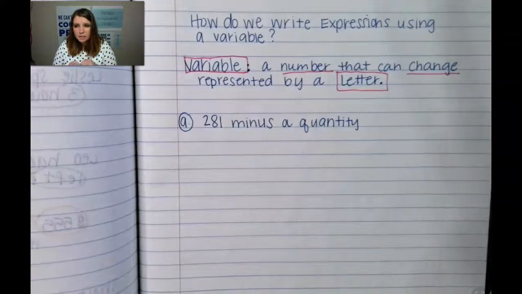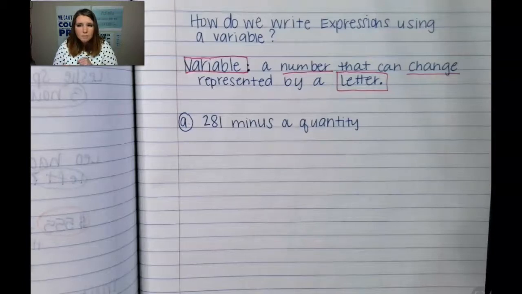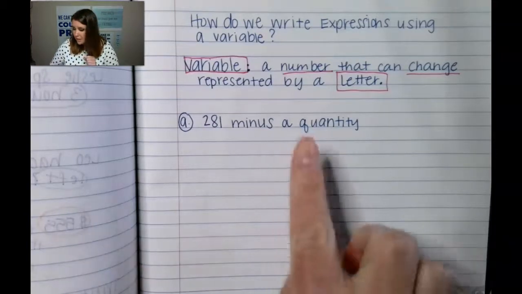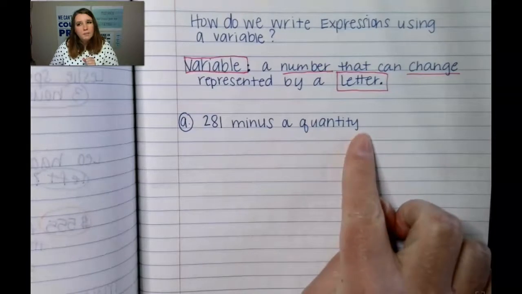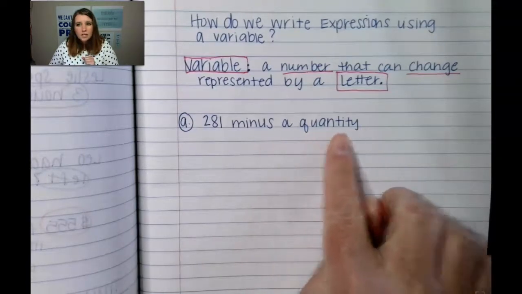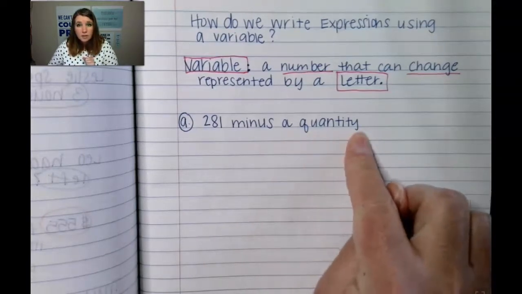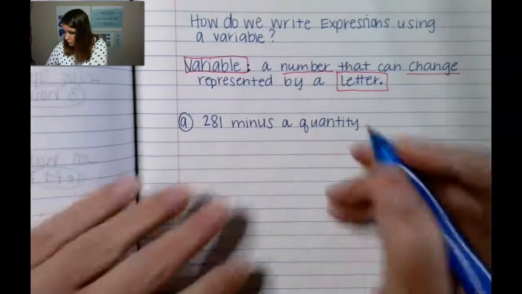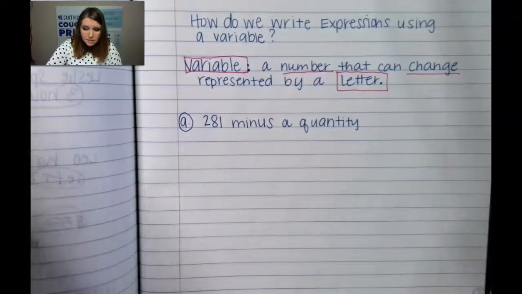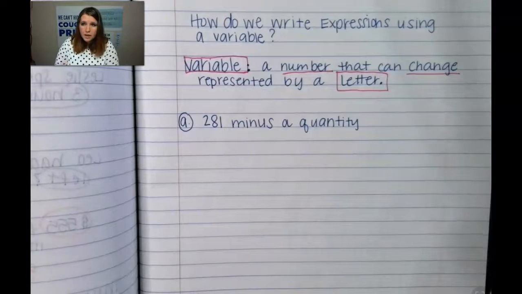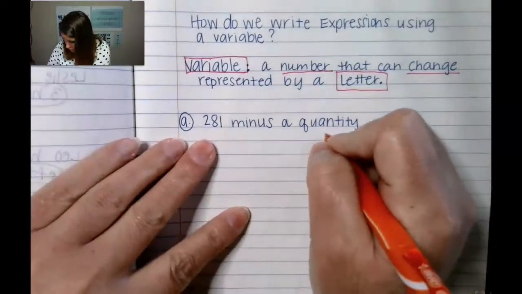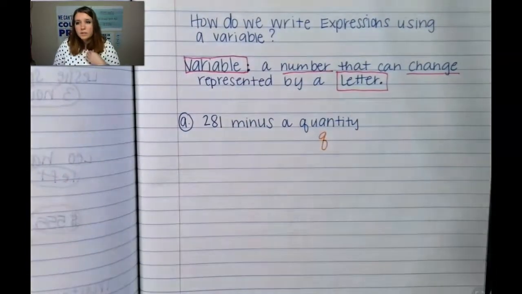How about that? Let's just leave it at that for now. I want you to, one, come up with what's missing. Kind of like we did before. What is missing? Well, we're missing that second part, right? So let's go ahead and use a letter for quantity. Let's use Q. I want to use a letter, and so we're going to use Q for quantity.